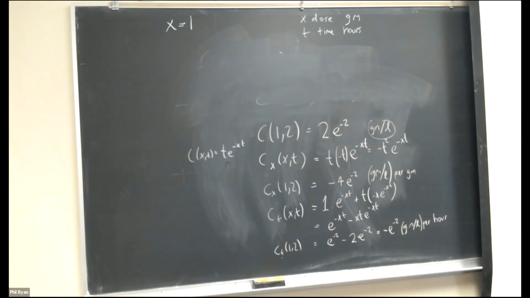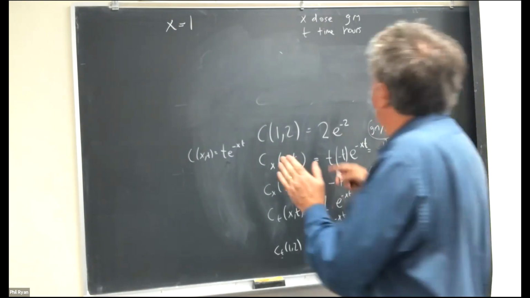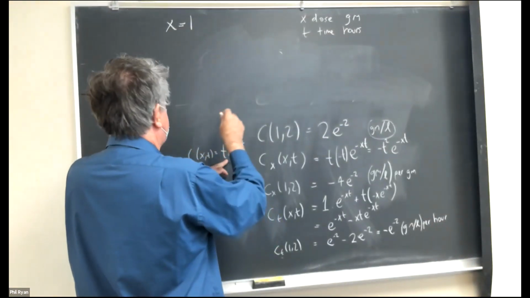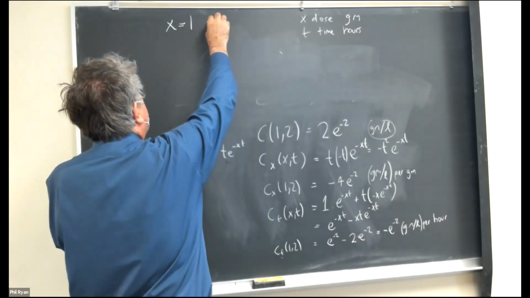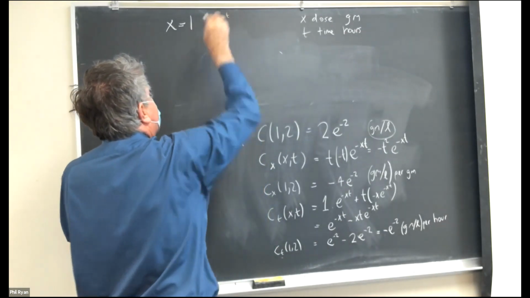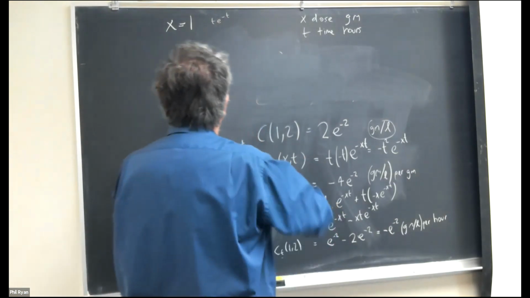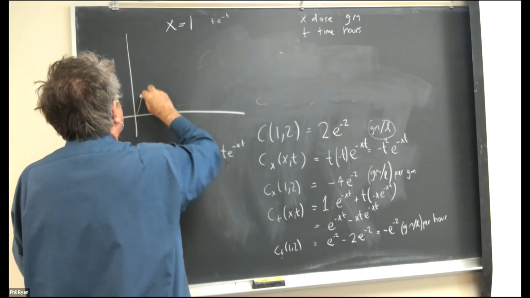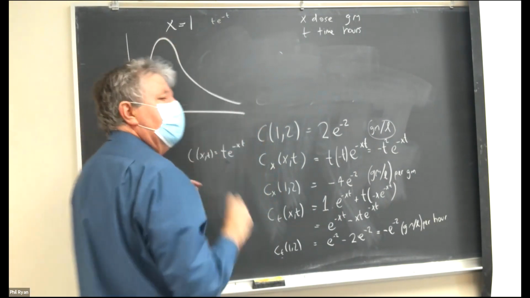When we fix x, we're saying that we're looking at the dose of just being 1 gram, and we're varying t now. So we're going to look at this as t times e to the minus t. We fix x equals 1. We know what that looks like. That looks like a surge function.